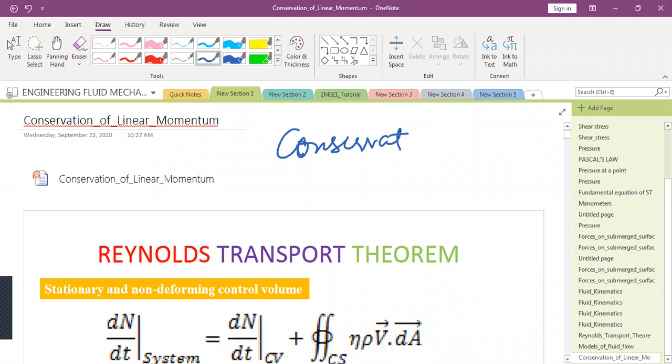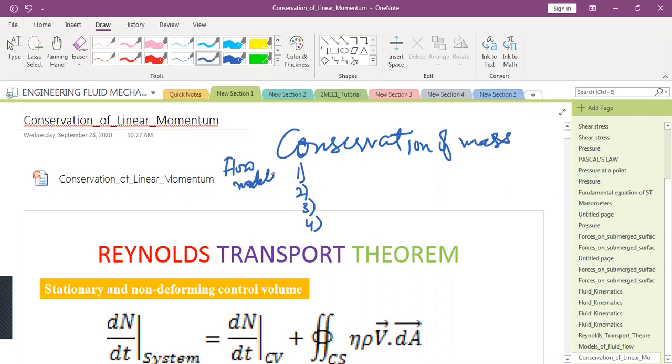In conservation of mass you saw that, when applied to any of the flow models, which were the 4 flow models, Ayush? Which were the 4 flow models?